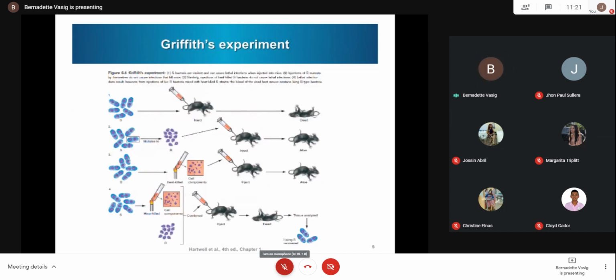Which is virulent, the smooth or the rough bacteria? Smooth, ma'am. Okay, it's the smooth strain which is pathogenic.